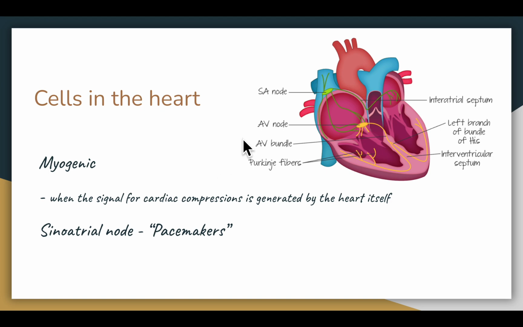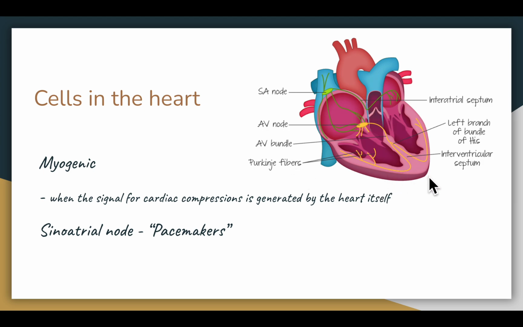The signal is then relayed from the AV node via something called the bundle of His, also known as the atrioventricular bundle, which connects to the fibers located in the ventricular walls known as the Purkinje fibers. And this causes the contraction of the ventricles.